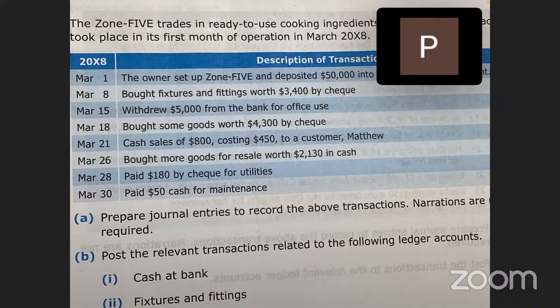Debit, increase to 50 for maintenance. Maintenance, or maybe your teacher sometimes says maintenance expense. It depends on what they say. If I were to be complete, I'll write down maintenance expense.